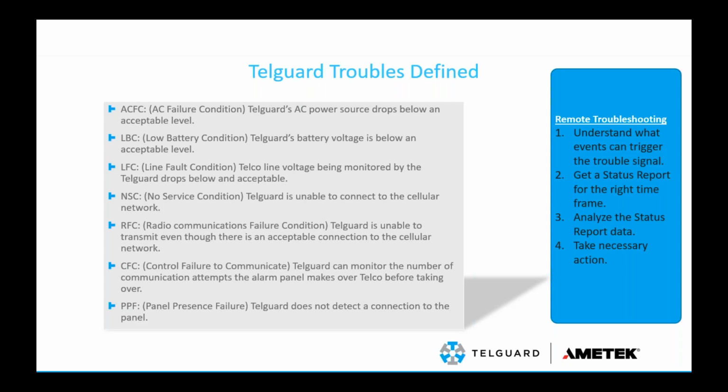No service condition. This one's straightforward across the board with all our units. It's just not able to connect to the cellular network. So we'll touch on that more in a minute and how you can troubleshoot it. Now, an RFC is when the Telguard is unable to transmit, even though there is an acceptable connection to the cellular network.